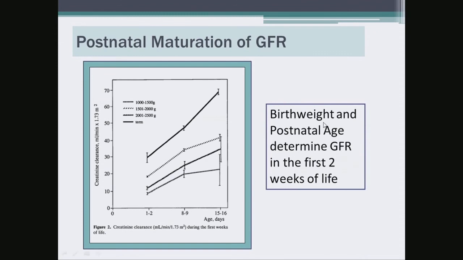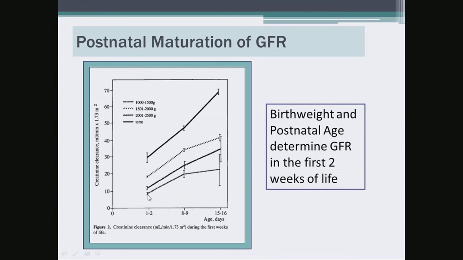So here's an example of postnatal maturation of glomerular filtration. This is an older slide, but this is birth weight and postnatal age and their effects on GFR in the first 2 weeks of life. The lower line here is babies between 1,000 and 1,500 grams. The upper line is term babies, and the 2 lines in between are the larger preterm babies.